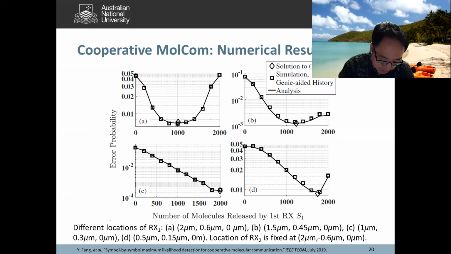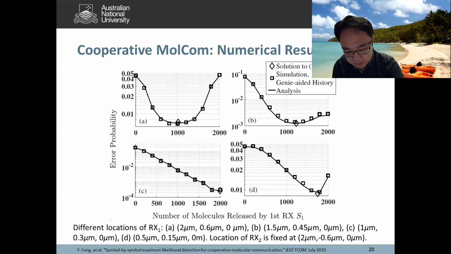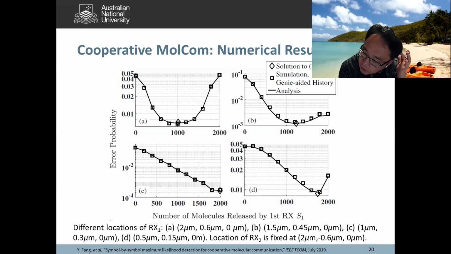So by considering these works, we have produced two different studies in cooperative communication. We consider a similar system setup where multiple receivers are used to help the transmission from the transmitter to the fusion center. But in the first work, we establish the fundamentals of the benefits of cooperative molecular communication, where we consider the benefits brought by the majority rule.